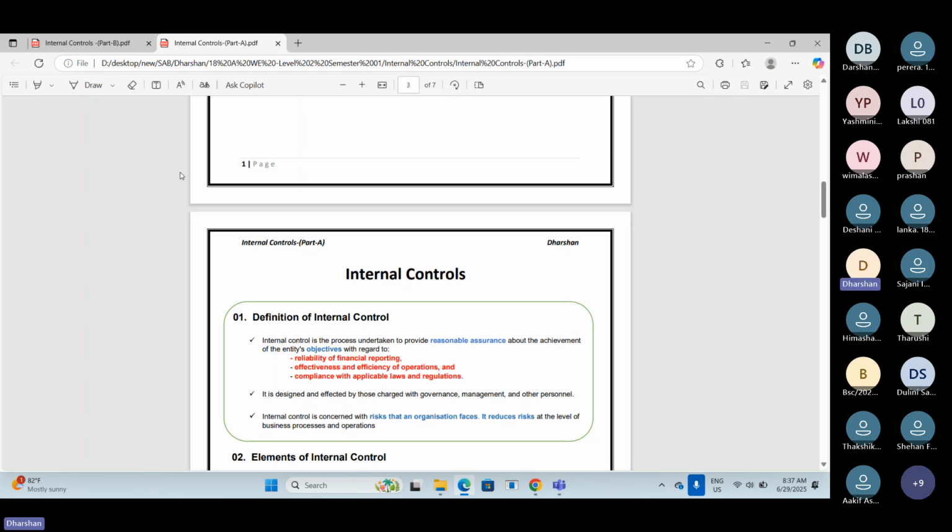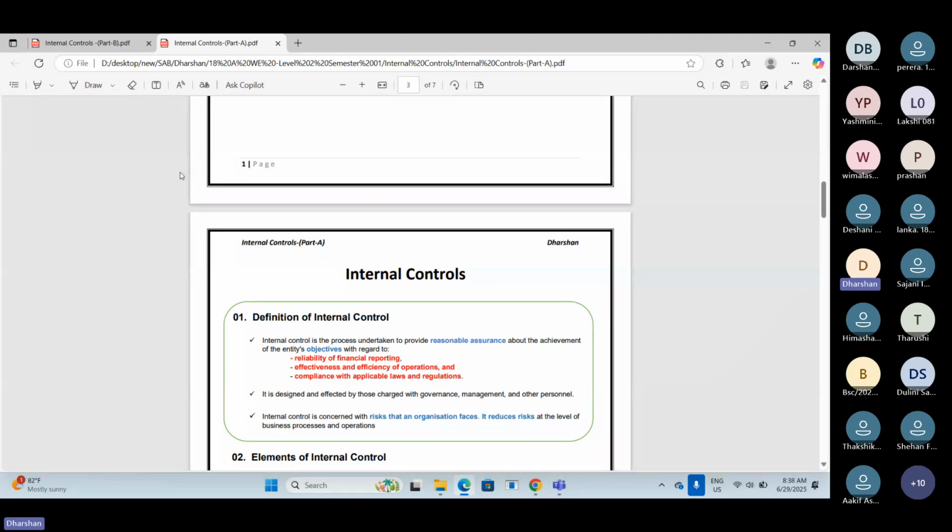That skill you should get after discussing these entire 12 topics. That is the purpose of learning internal controls, which means you should be able to explain other aspects of internal controls to another person. If anyone asks about internal controls theory, you should be able to explain it to a third person after discussing these 12 topics.